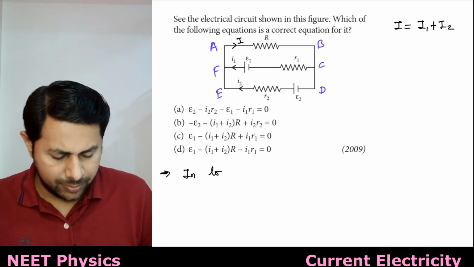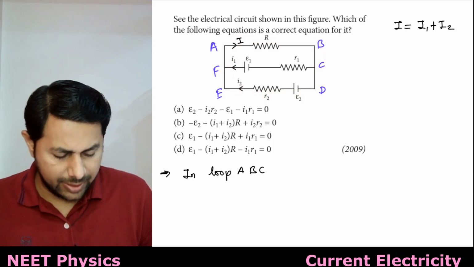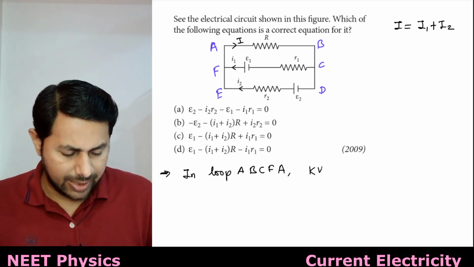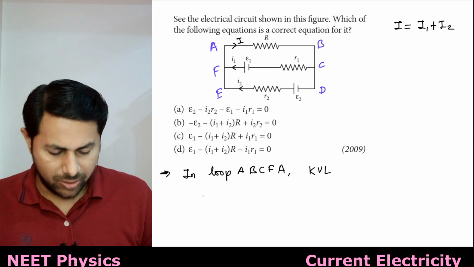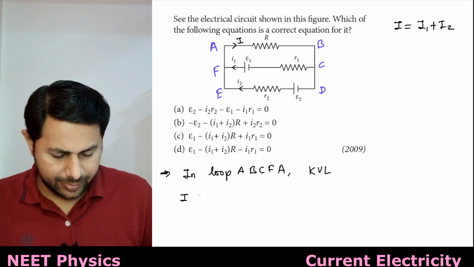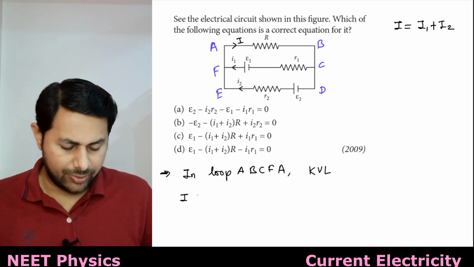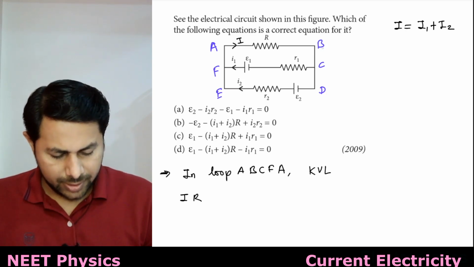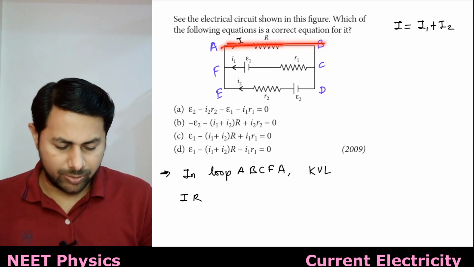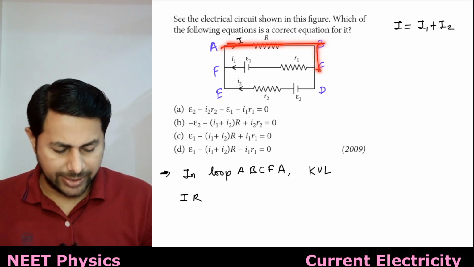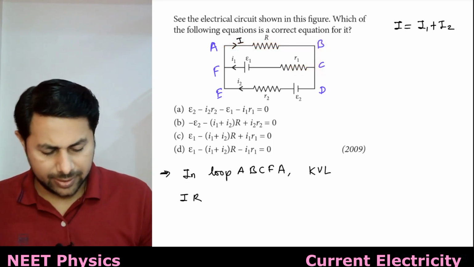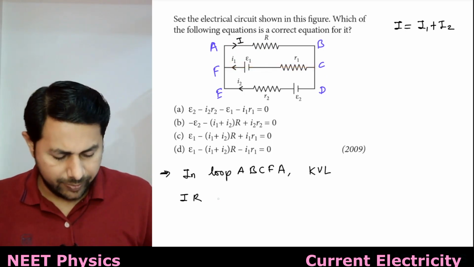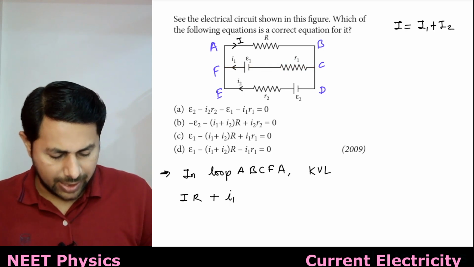In the loop you have A, B, C, F, A. What does the KVL say? So we have I, which is equal to I1 plus I2, times R. It will be positive because you are moving in the direction of current. Come to point C, and then you are moving like this, again in the direction of current, and the current in that branch is I1.